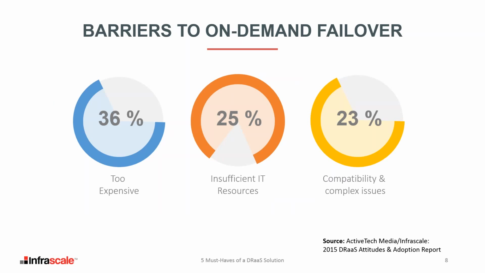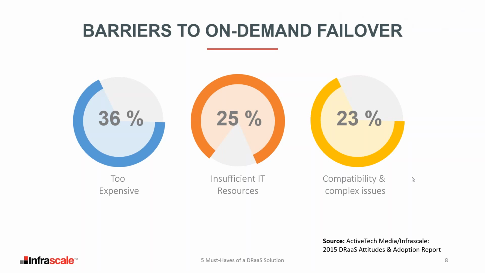The next slide here talks about some of the trends that we've also unearthed with our own study. Part of what's interesting about DRaaS is that it's really not all that well understood. In a survey of companies ranging from 100 to 5,000 employees, most businesses said they couldn't fail over to a second location. In fact, only 10% of the companies surveyed said they could fail over within 15 minutes. So why haven't they invested in failover?